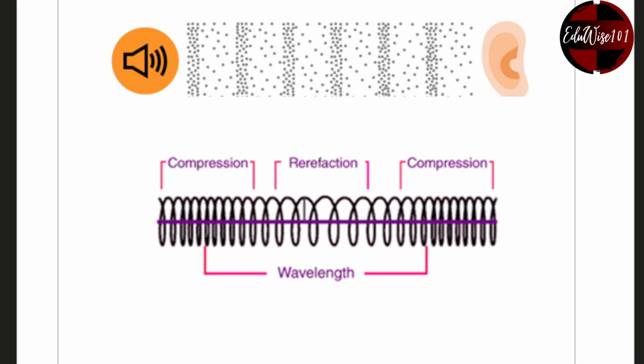Now compressions is where the slinky is actually much closer together, and these areas are compressions where the air molecules or particles are much closer together, right? Rarefaction is where it's actually spread out. So here in this area, it's spread out here.